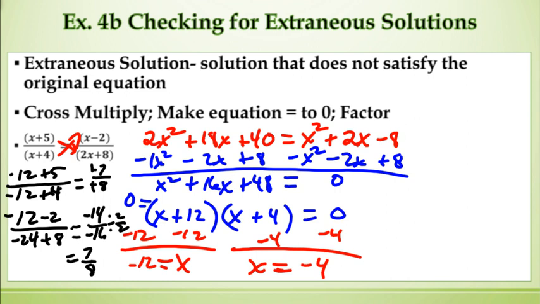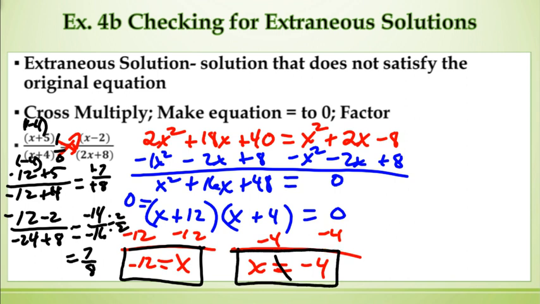So x can equal negative 12. Over here, if I put a negative 4 in, negative 4 plus 4 is 0. Negative 4 plus 5 is 1, 1 over 0. This cannot equal negative 4 because that's extraneous.